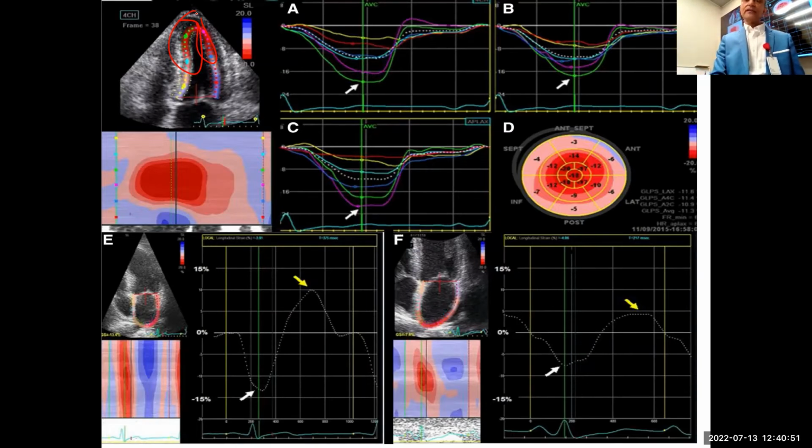So when you look at that in this bullseye map, the apex portion has normal global longitudinal strain, so its strain is preserved, whereas the periphery out towards the base of the heart, that's where you see more of the dysfunction.